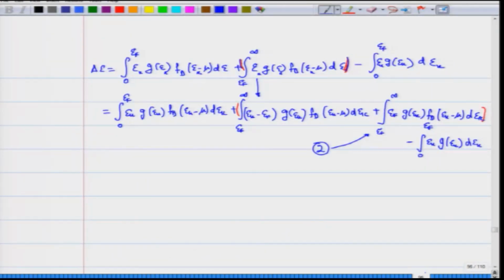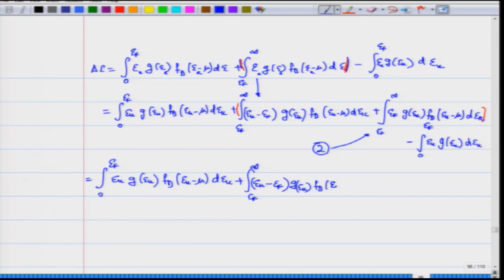If I substitute that, I will end up with an expression which is the integral from 0 to EF of Ek G(Ek) F_D (Ek minus mu) dEk plus the integral from EF to infinity of (Ek minus EF) G(Ek) F_D (Ek minus mu) dEk.